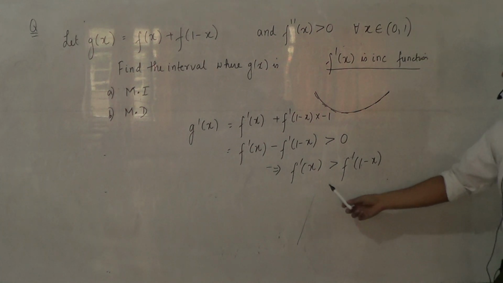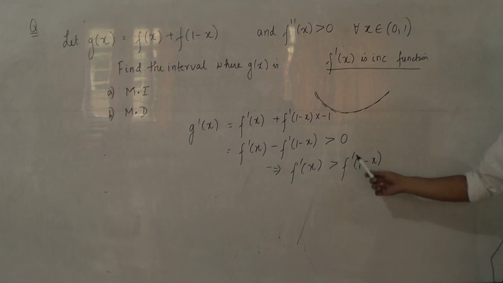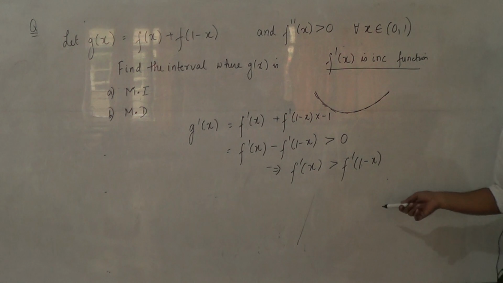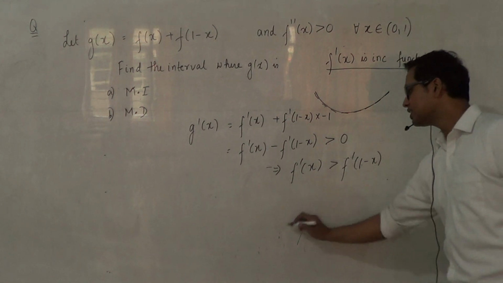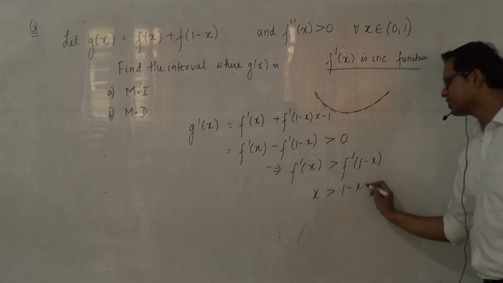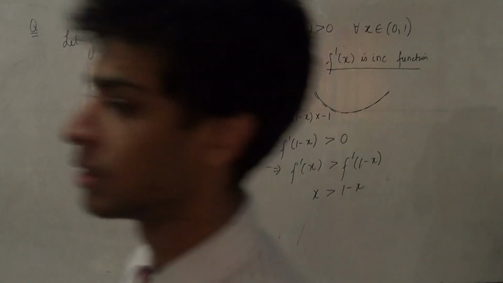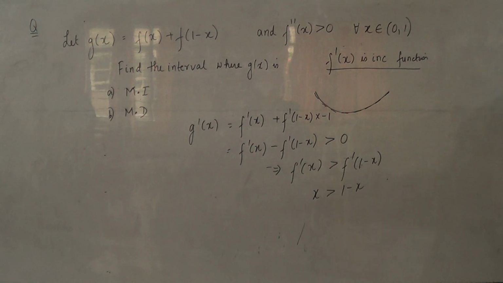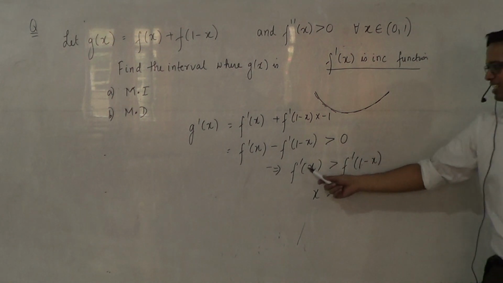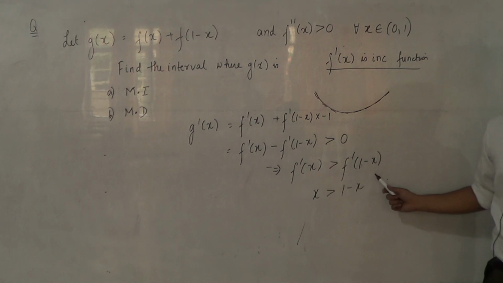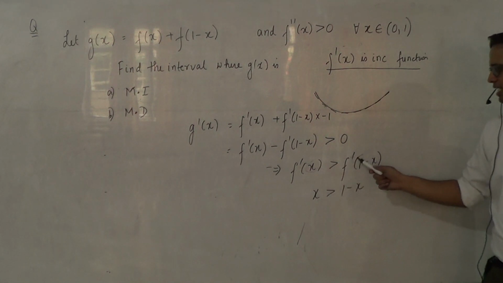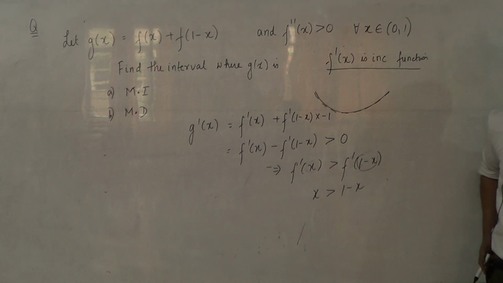Now you know your function is an increasing function. So when can you have the value of f dash x greater than the value of f dash 1 minus x? When the input itself is greater than the input of this. Yes or no? The function is on the increase, so for a higher input, it will have a higher value. So f dash x greater than f dash 1 minus x means x should be greater than 1 minus x.